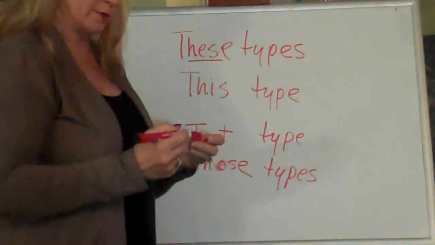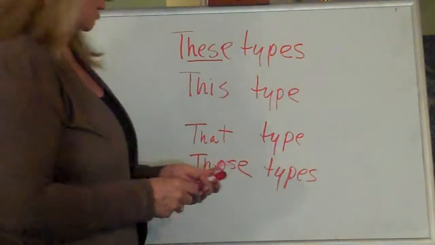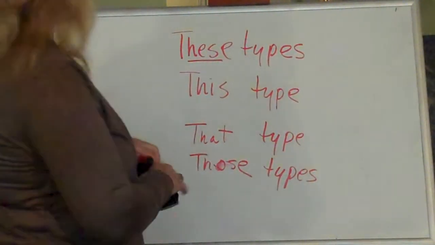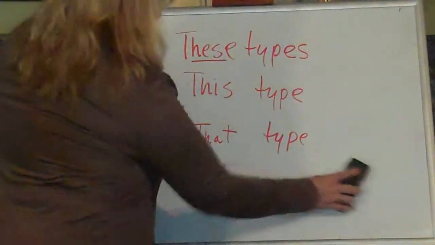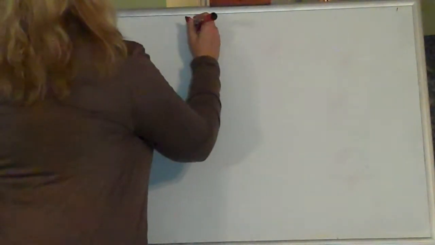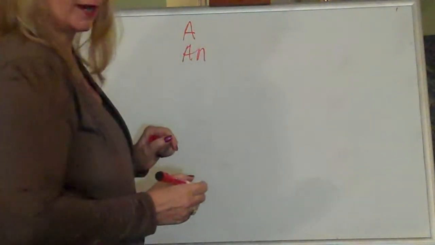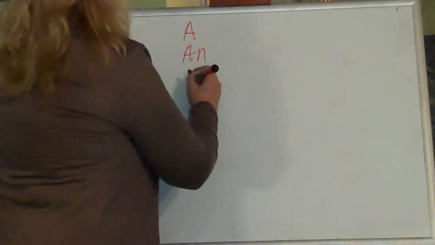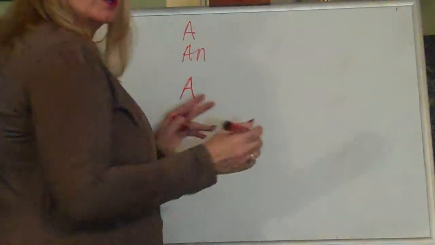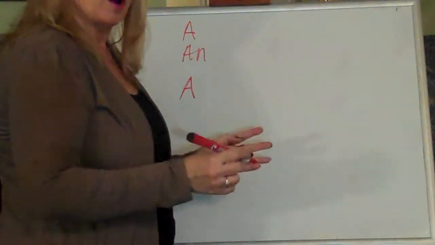So I'm just trying to key you in on some different things that you could encounter this week. That's not a very difficult concept there. Here's another thing, the treatment of a versus an when you write. When we use a, we use it with words that start with a consonant sound.